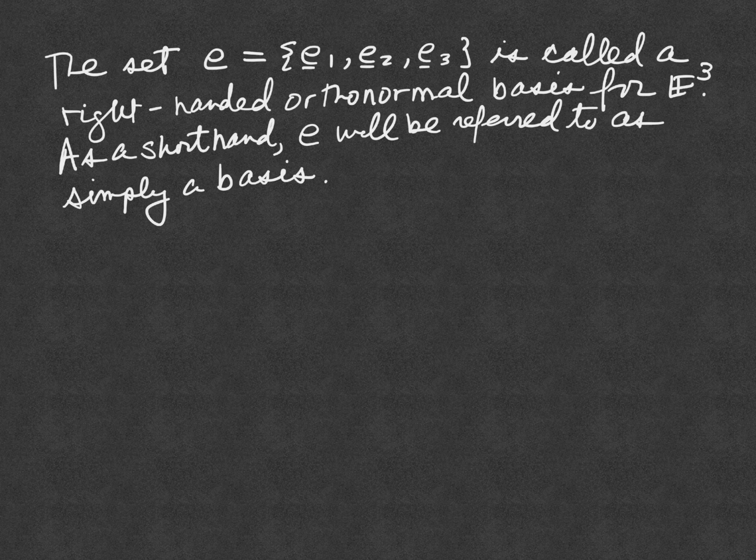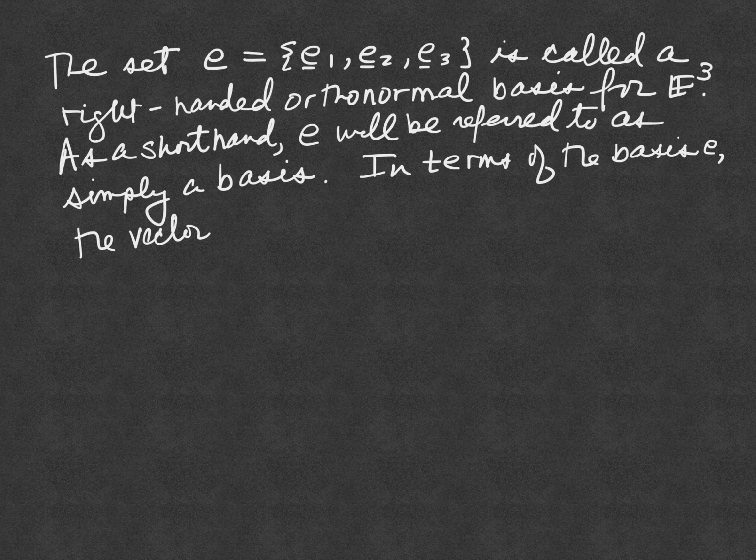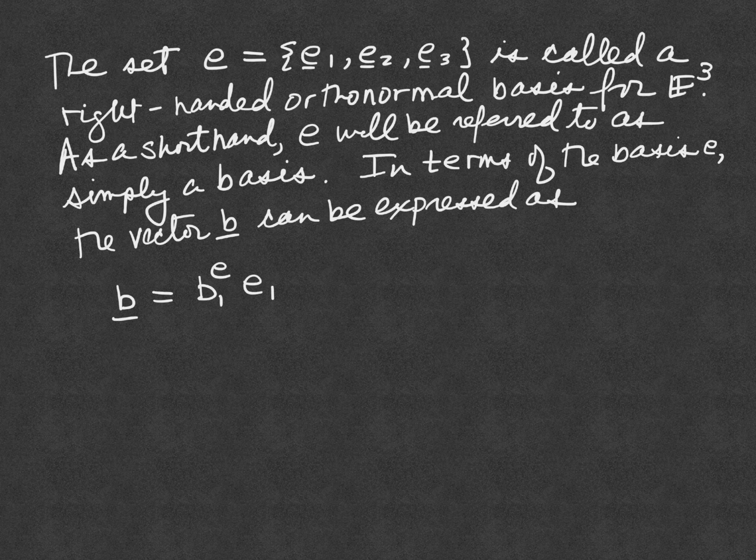So in terms of the basis E, the vector B can be expressed as, we can say B is equal to B1E E1 plus B2E E2 plus B3E E3.